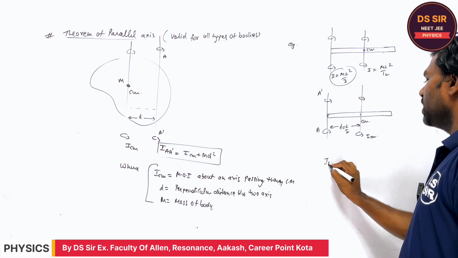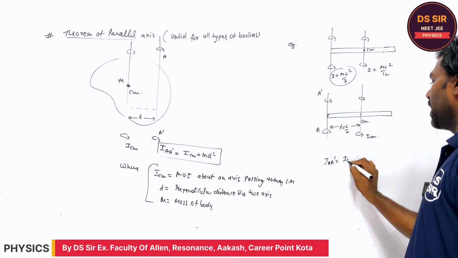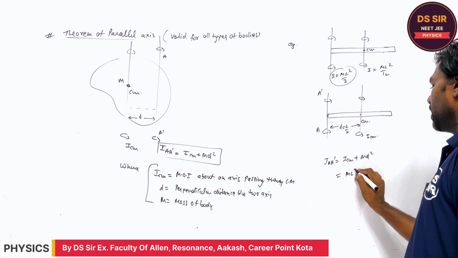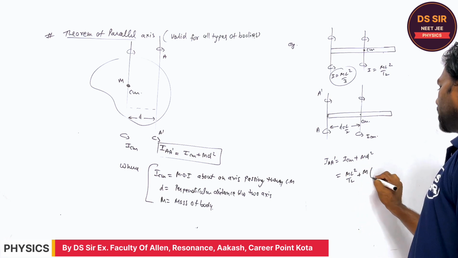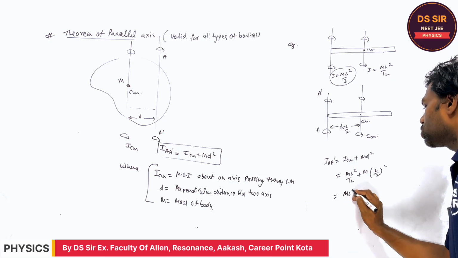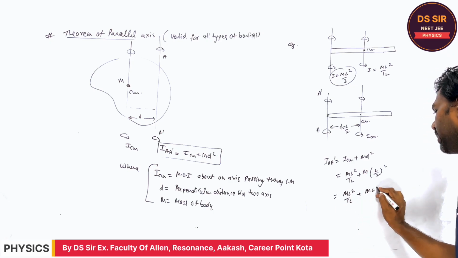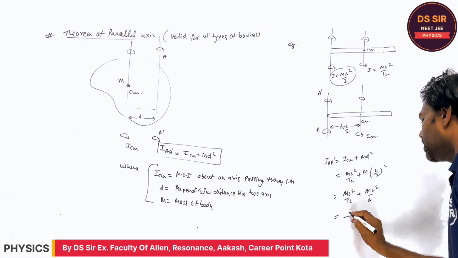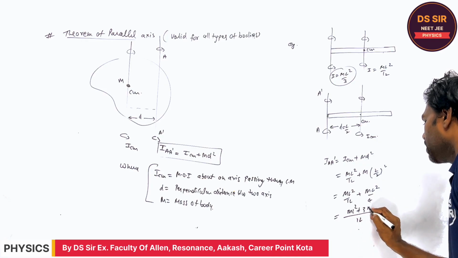So IAA dash is equal to ICM plus M into d square. What is the ICM? ML square by 12 plus M into what is the d? L by 2 whole square. ML square by 12 plus ML square by 4. When you take the LCM, 12 is the LCM, ML square plus 3ML square.